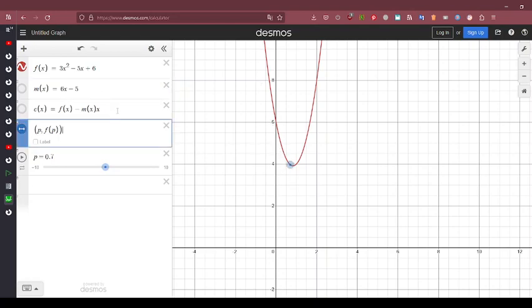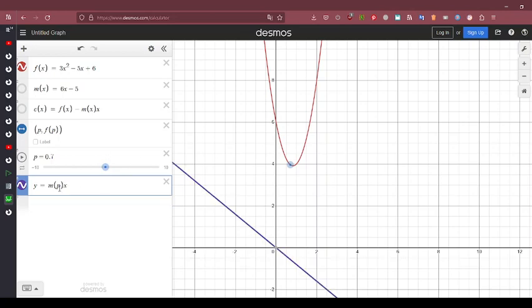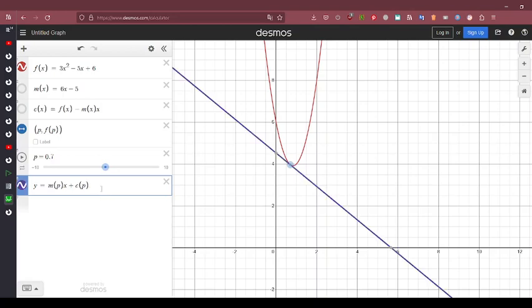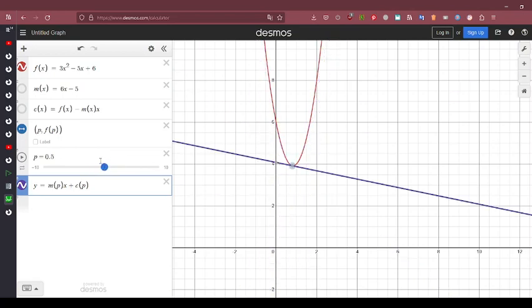Now that we have our three functions, we can make a line. We'll say m at p times x, so the gradient at p times x, plus whatever the c value is at p. And you can see wherever p is, this tangent touches the curve. So we can change this, and you can see how this tangent wraps around the entire thing.